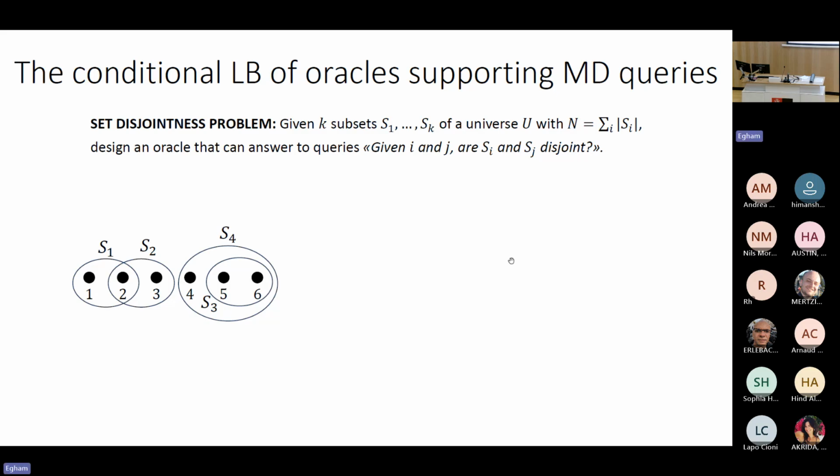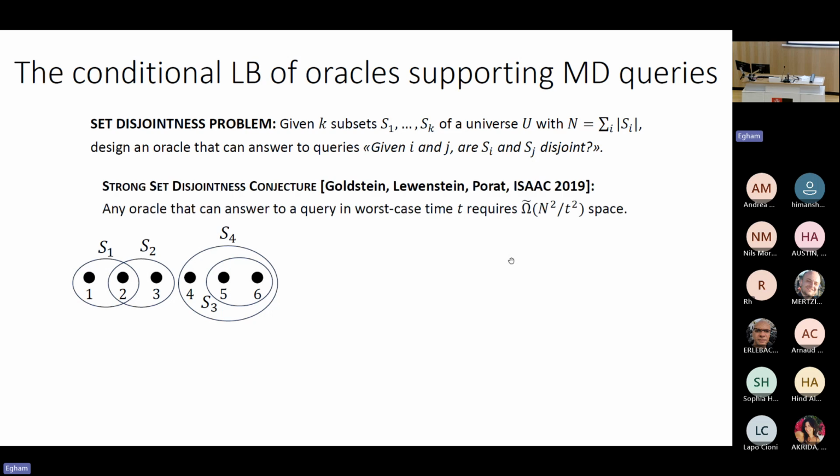Here is an example of a set disjointness problem instance, and there is the strong set disjointness conjecture by Goldstein, Lewenstein, and Porat, which states that any oracle that can answer a query in worst case time t requires a space that is N squared divided by t squared, up to polylogarithmic factors. Okay?